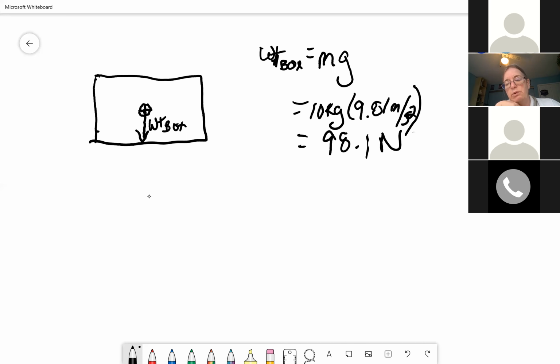There's going to be R over here somewhere, not necessarily directly at the center of gravity, could be somewhere else. Then there's your push force, which is 2 newtons. This is your applied force of 2 newtons. And then you're going to have a friction force. Again, it all comes back to that good old free body diagram.